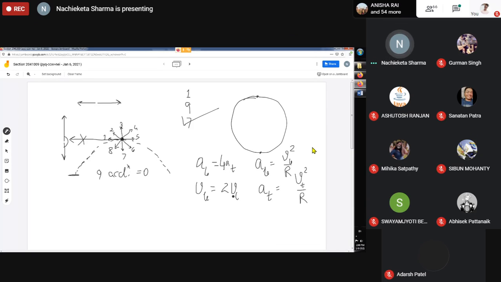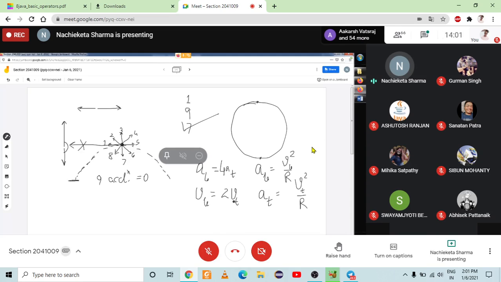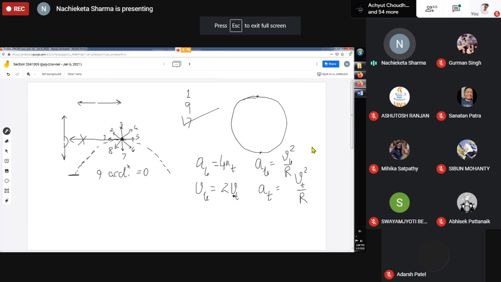The question is, compared to its speed at the top of the loop, is its speed at the bottom of the loop root 2 times as great, 2 times as great, 2 root 2 times as great, 4 times as great, or 16 times as great? 2 times as great, because if the speed at the top is x, the speed at the bottom will be 2x.